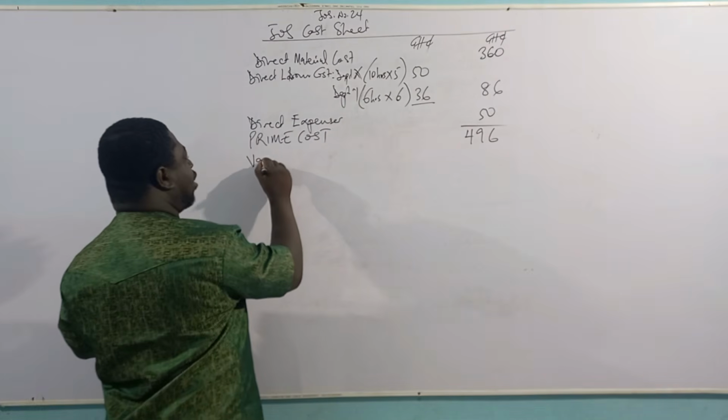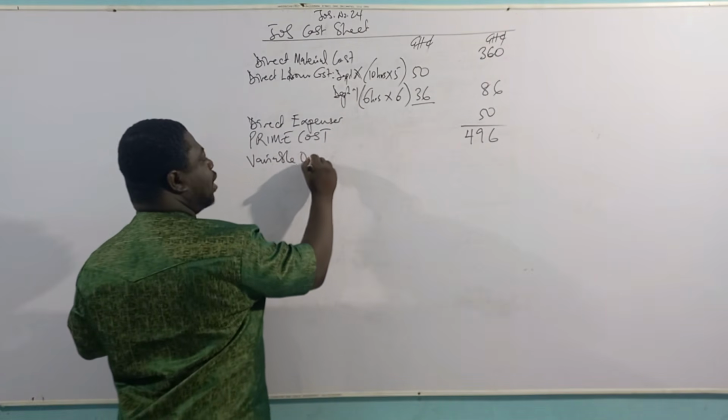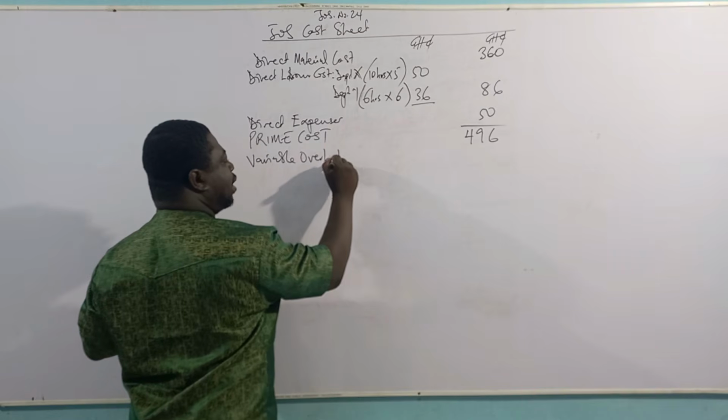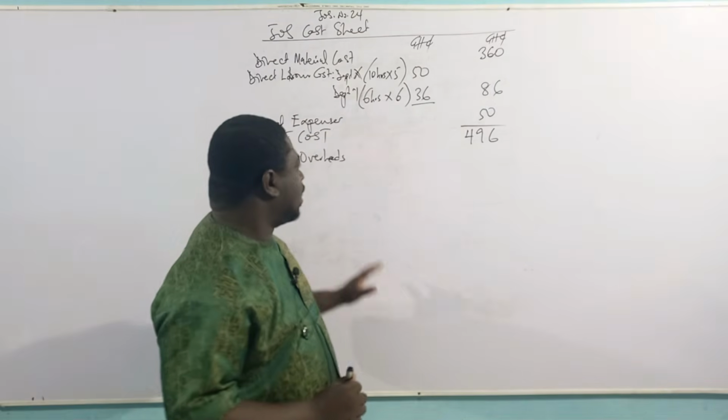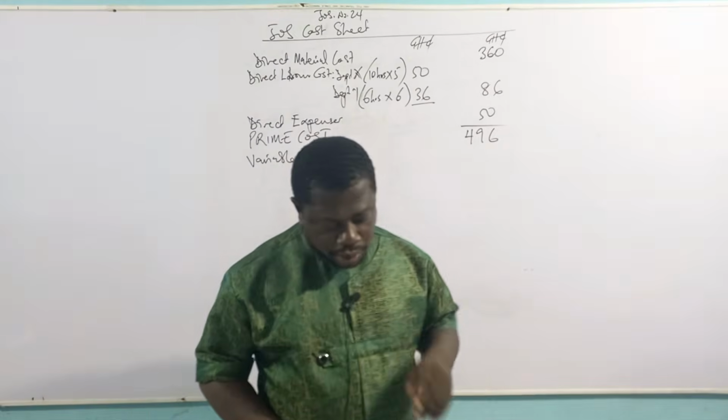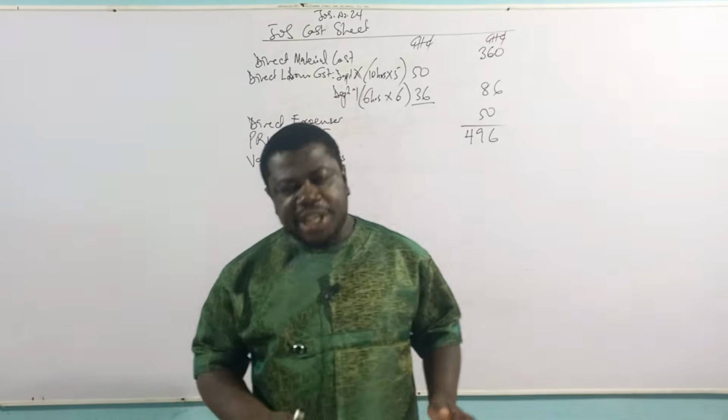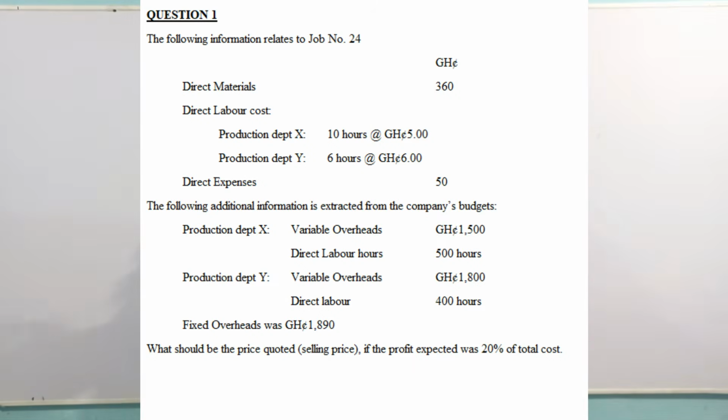Then we move on to the overheads. We start with the variable overheads. Now, this is where I was trying to explain something to you. When we get to the overheads, there is some work to do. The information on overheads was extracted from the budget. And we are told that for production department X, for variable overheads we budgeted a total of 1,500 cedis, and we also budgeted total hours of 500.